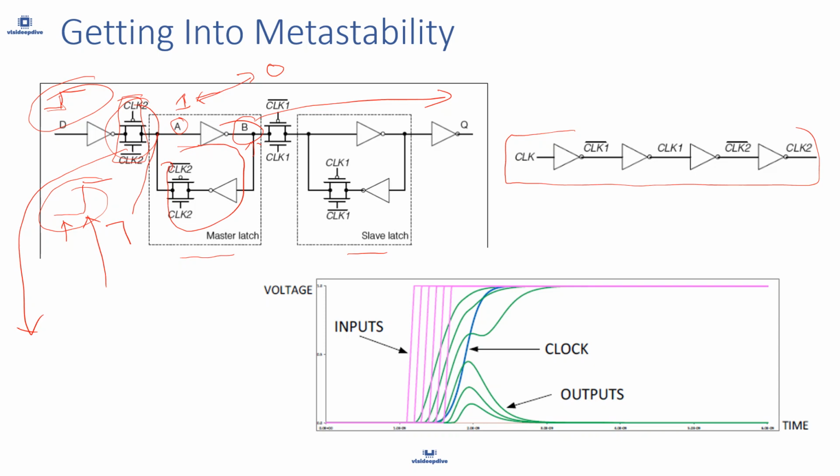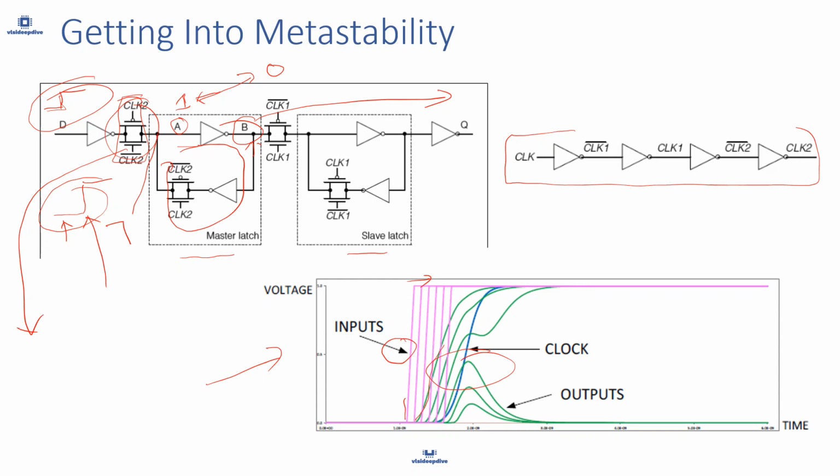People have done simulations to understand this metastability. This shows one of the simulation examples where the input is changing and the clock is changing. Let's say this is the case when the input is changing but it's a little far from the clock. Then as you start moving the input change close to the clock edge, and it becomes very close to the clock edge, the flop enters into metastability. What is the meaning of metastability?